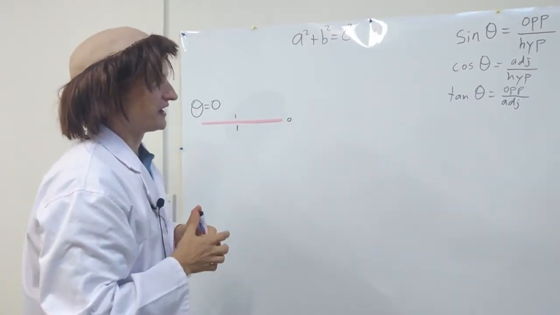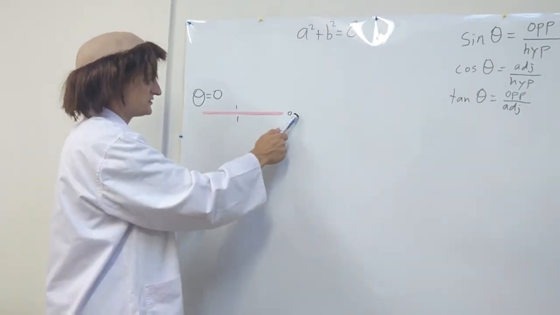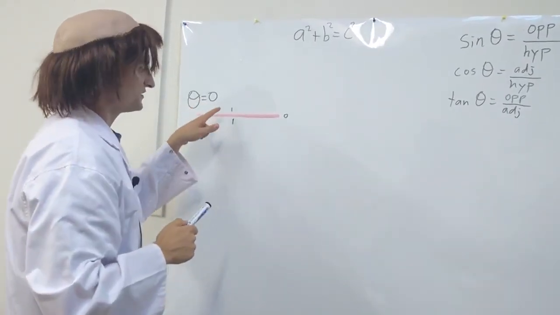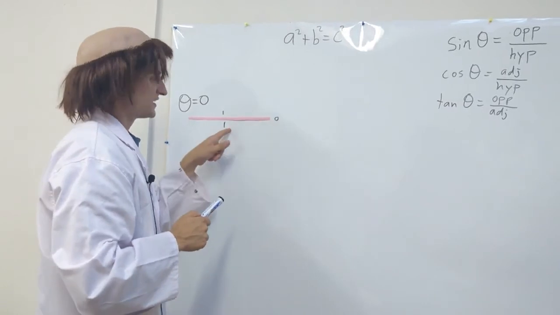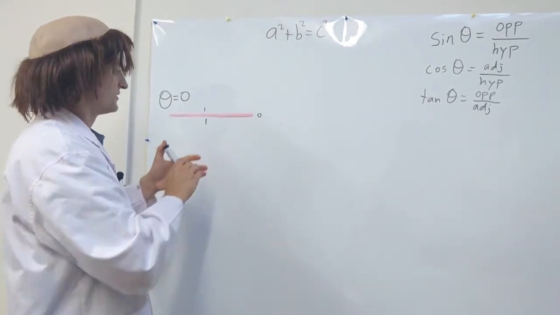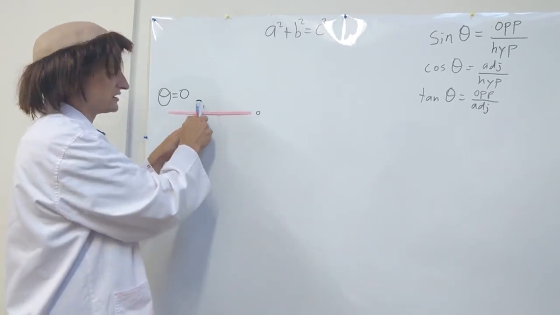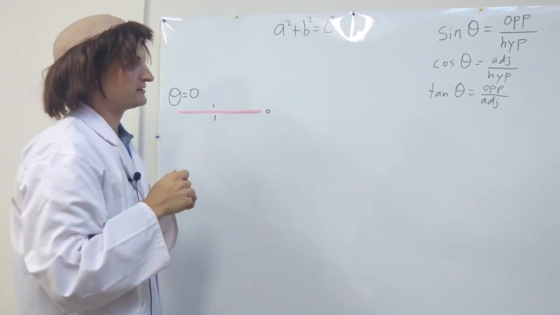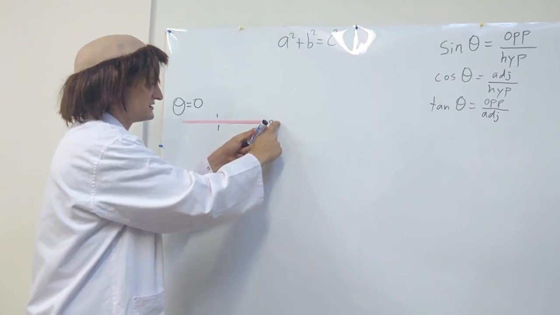So how do we find the sine of this? Opposite over hypotenuse. So the sine of 0 is 0 divided by 1, which is 0. The cosine is 1 divided by 1. And the tangent is 0.